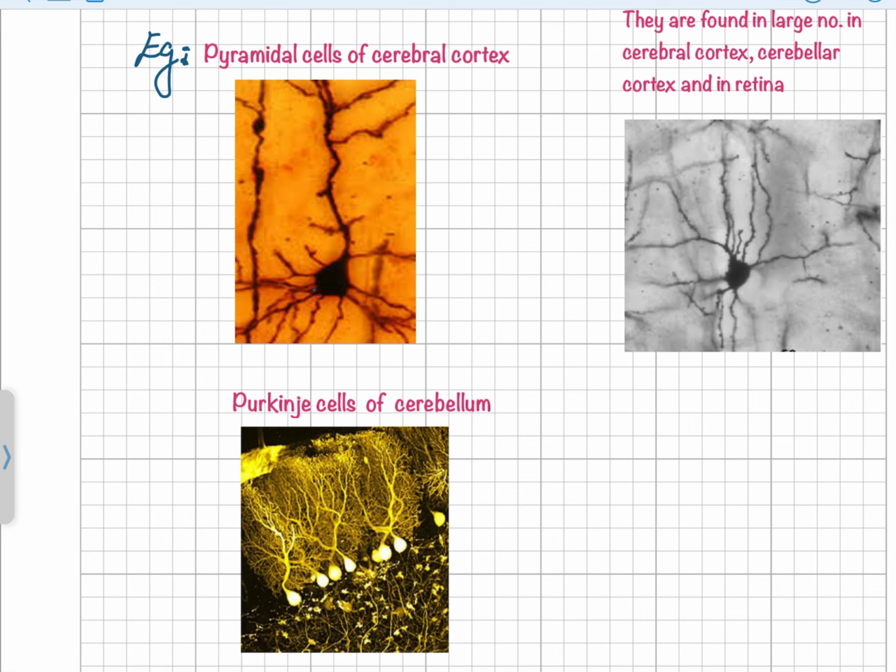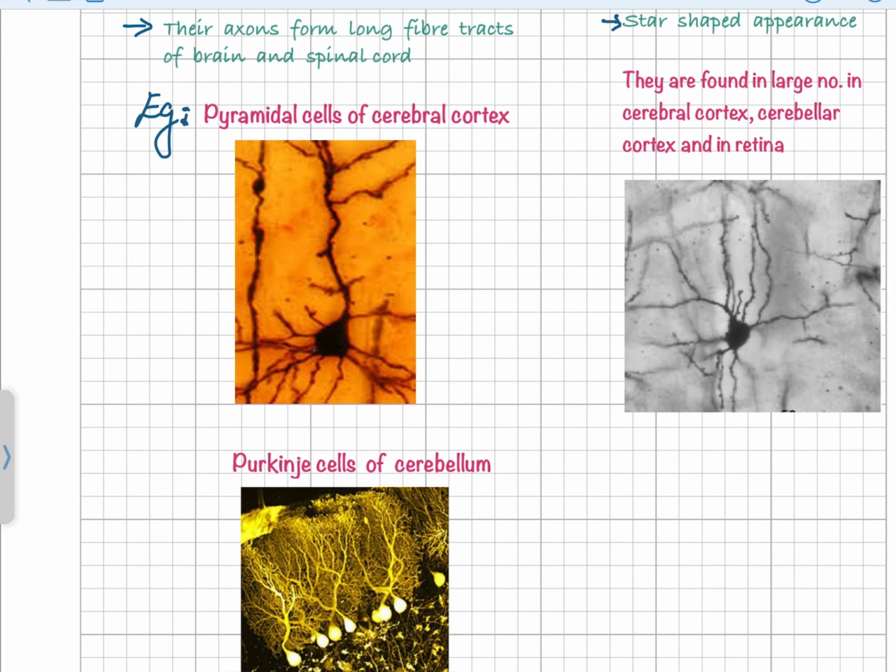For type 2, the axons are short, similar to dendrites. Can you appreciate that? They almost appear like dendrites. They are very short. They are found in large numbers in the cerebral cortex, cerebellar cortex, and retina.